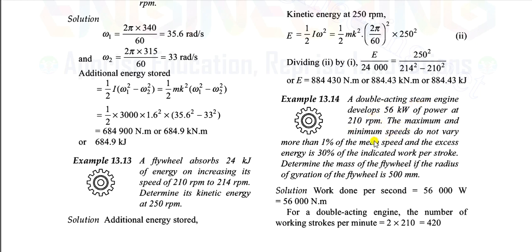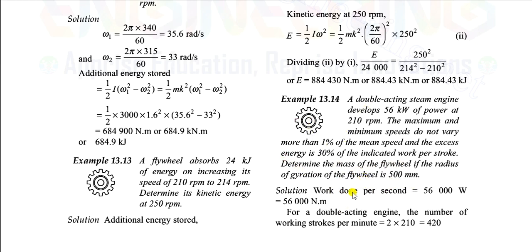The maximum and minimum speed do not vary more than 1% of the mean speed. This is also a very important point. You will understand in the solution how he is dealing with this. And the excess energy is 0.3 or 30% of the indicated work per stroke. Now he is saying work per stroke, but here it is work done per second given. Determine the mass of the flywheel if the radius of gyration of the flywheel is 500 mm or 0.5 meter.